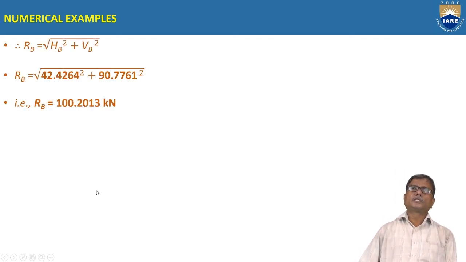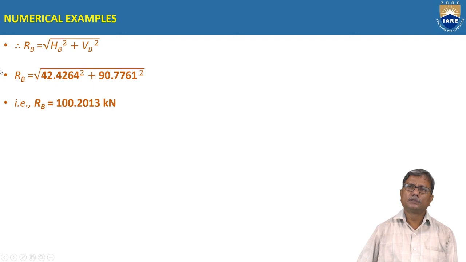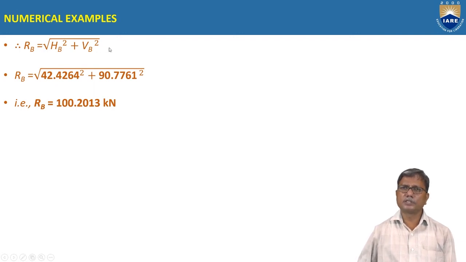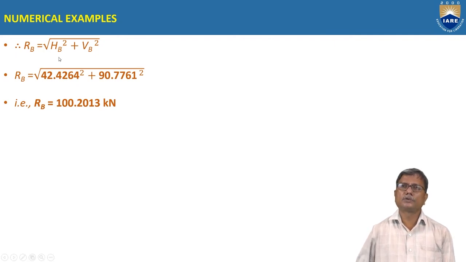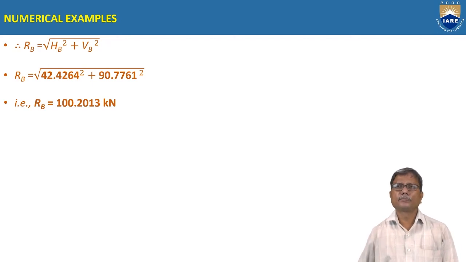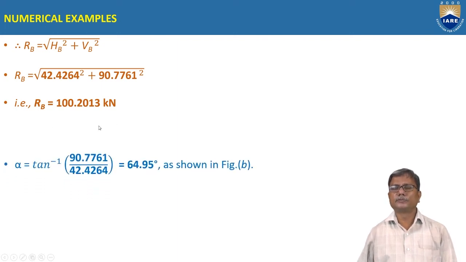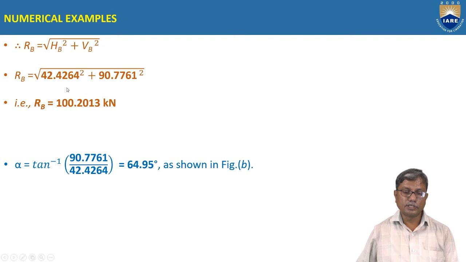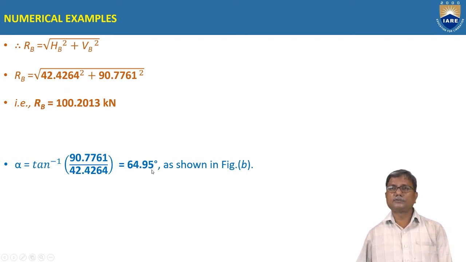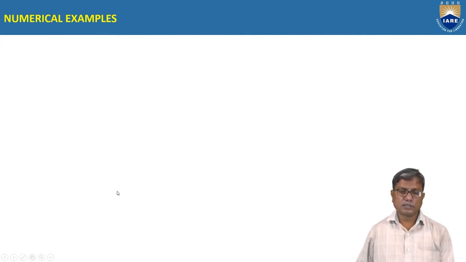And coming to the resultant reaction at B, again we'll use the same equation because these are rectangular components. The resultant is given by the square root of HB square plus VB square. So the resultant reaction is 100.20 and its inclination with the horizontal is given by this. In this case also VB is greater than HB, so the inclination is greater than 45.